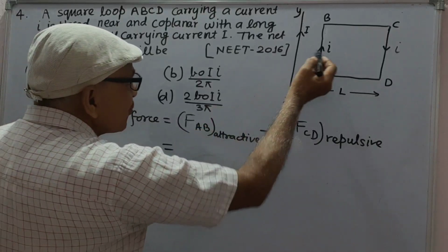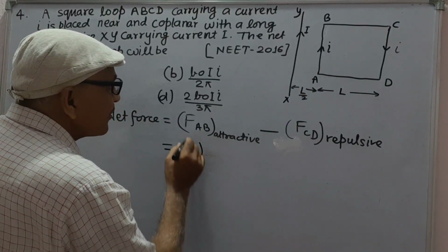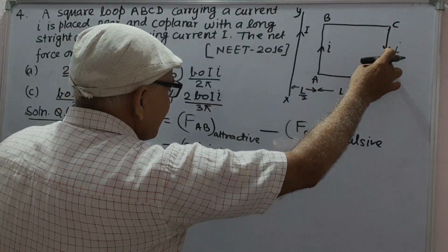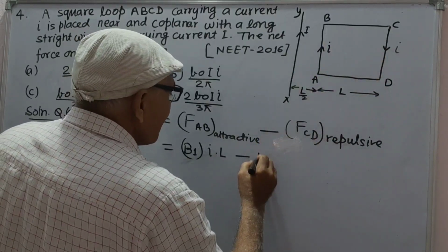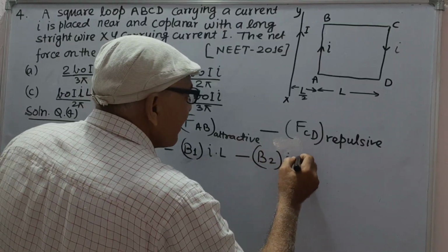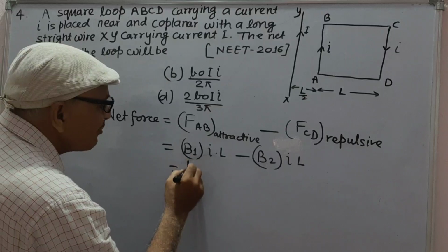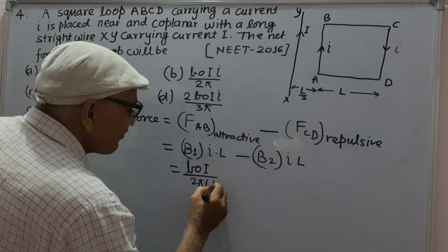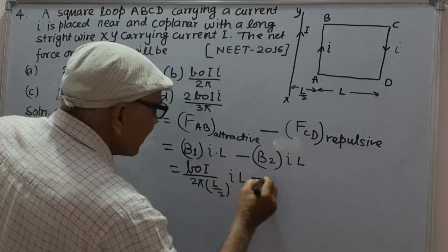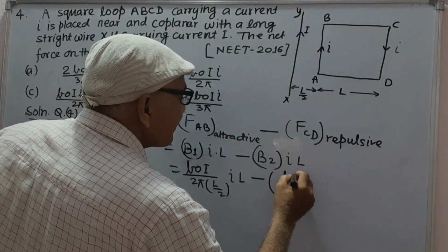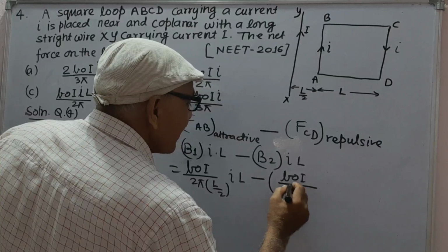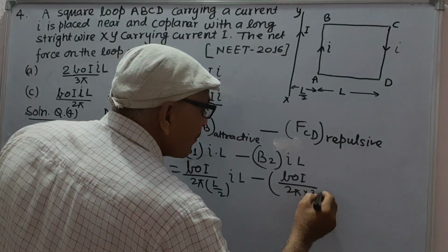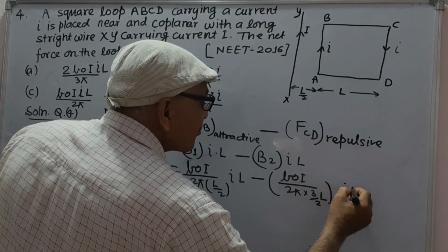This force will be the magnetic field due to this wire B1 into I into L, minus the magnetic field due to this wire here, B2, into I into L. Now B1 will be equal to mu naught I upon 2 pi into this distance L by 2, into I into L, minus B2 which is mu naught I upon 2 pi into this distance, meaning 3 by 2 L, into I into L.